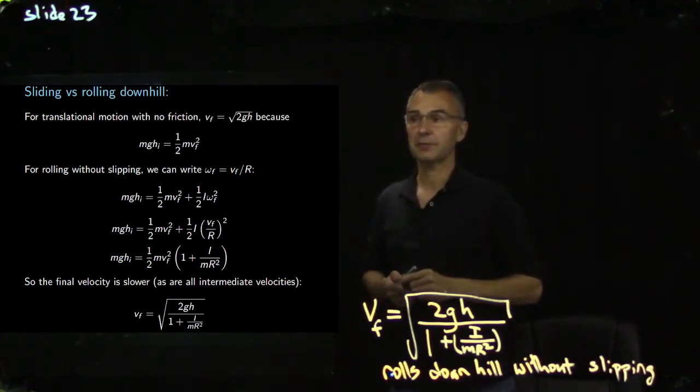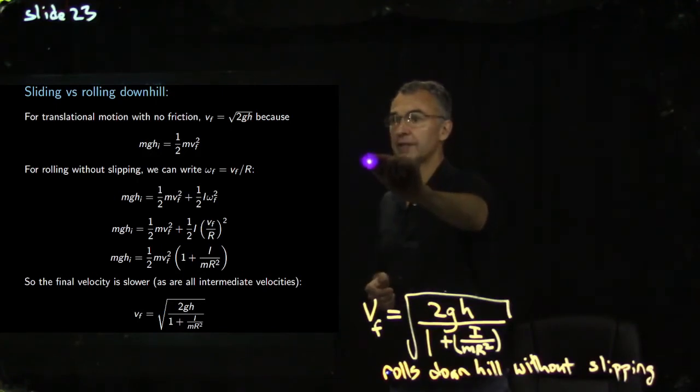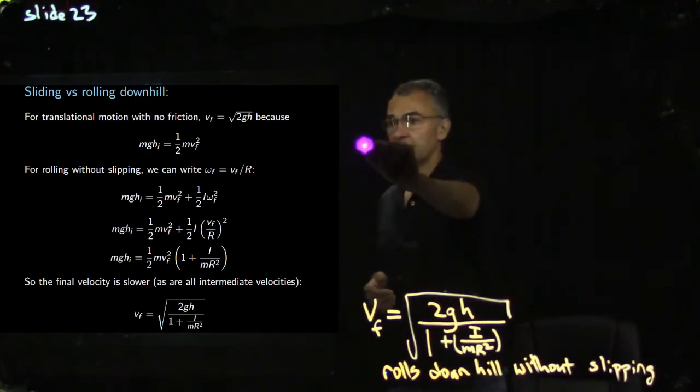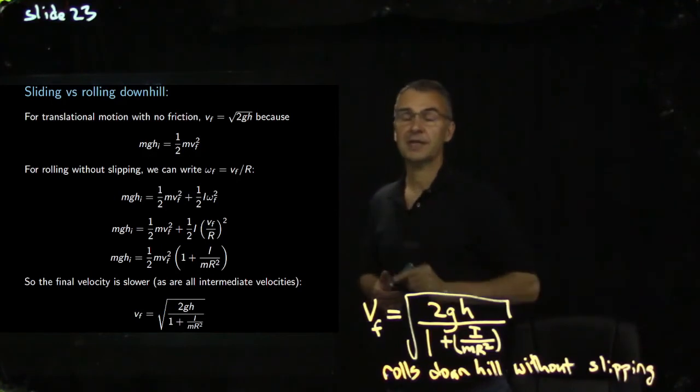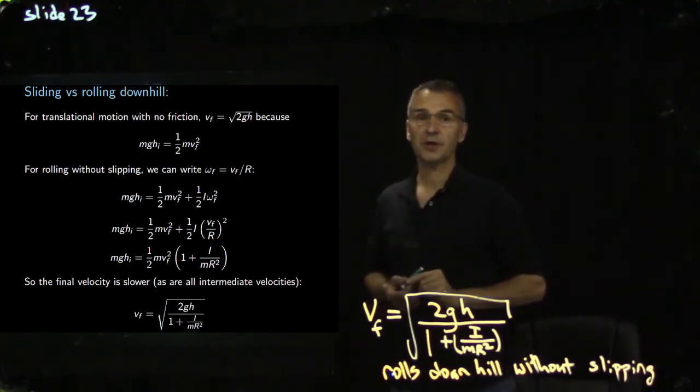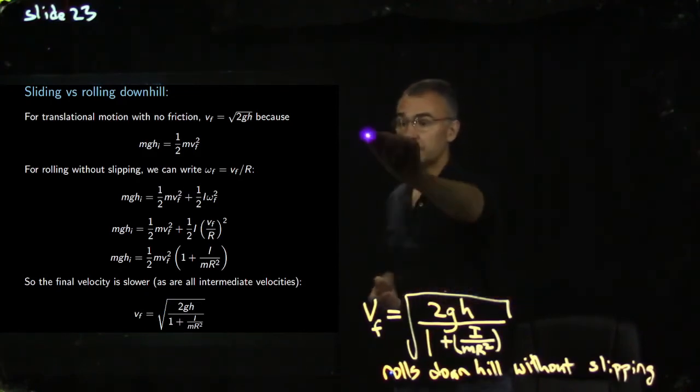If you want to roll without slipping, then you have v equals omega r, which gives you omega is v over r. So then we can do the math we did earlier, letting the original mgh turn into the final 1/2 mv squared plus 1/2 I omega squared. But we can now plug in omega equals v over r, and we get this V final.